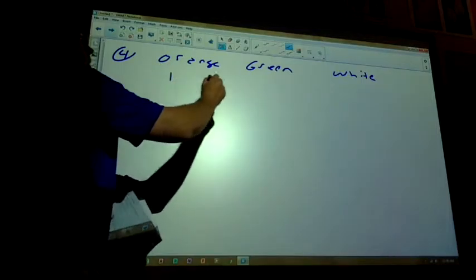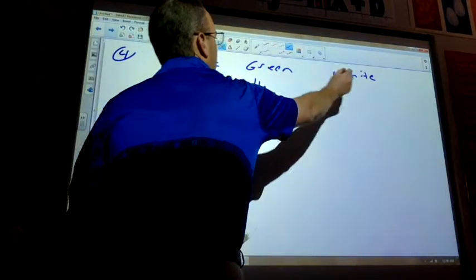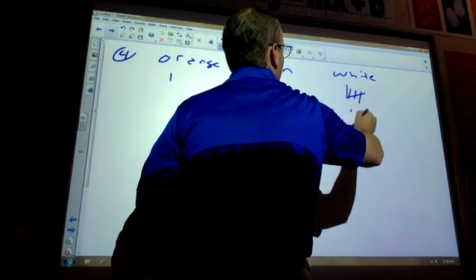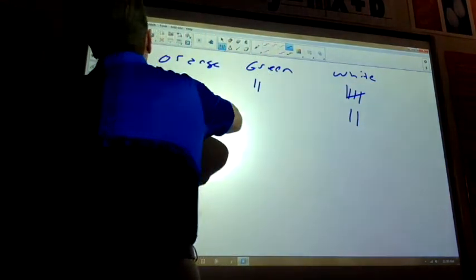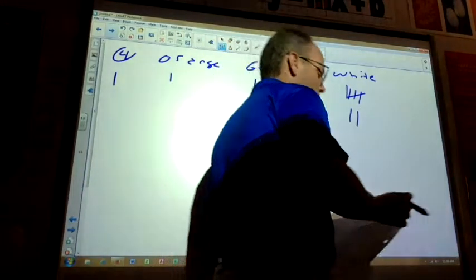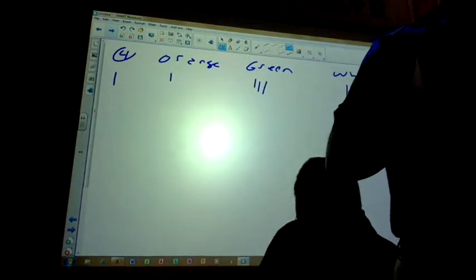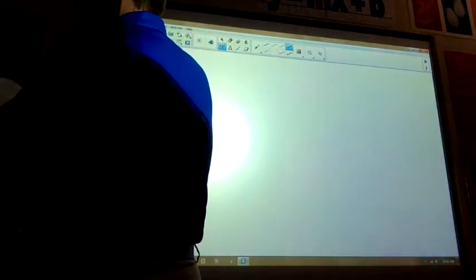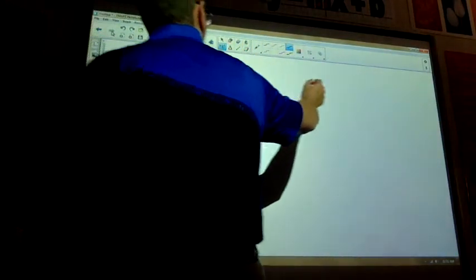We got an orange, green, green, white, white, big white one. 4. White one. All right, this is the white one on the very back page.